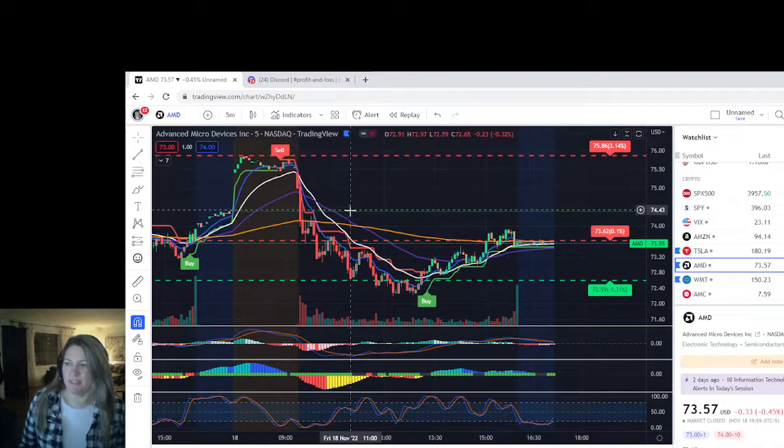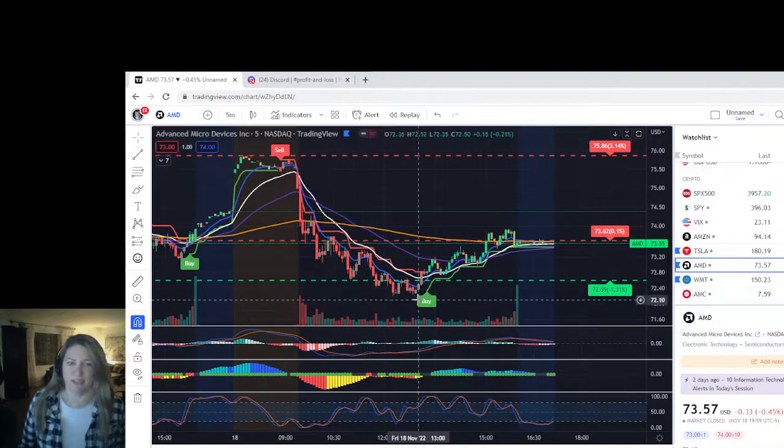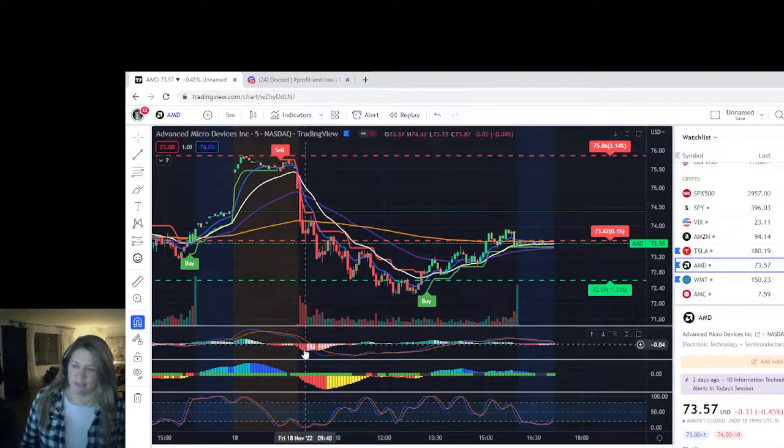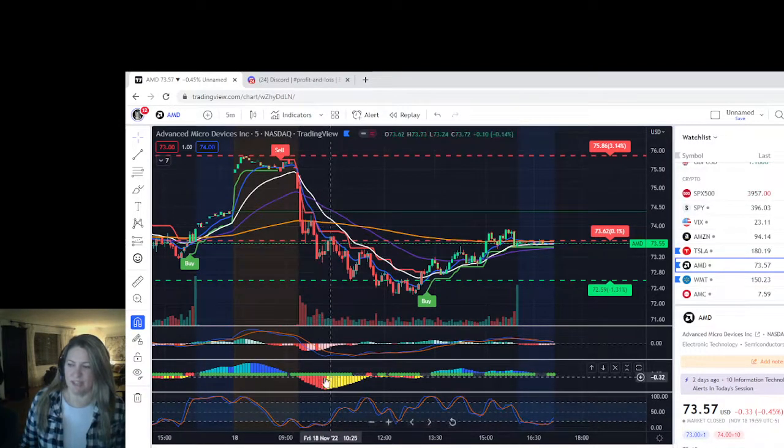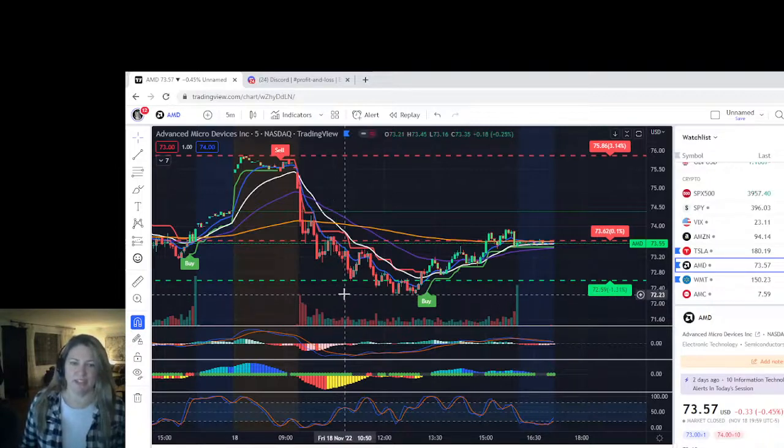And also previous day high, which is marked by a green line, and previous day low, which is marked by a blue line. We use a stochastic RSI right here at the bottom, we use the TTM squeeze indicator, which is this graph right here, and we use the MACD RSI as well, and some volume as well. So I'm going to walk you through this play and why I took it, and hopefully it makes a little bit more sense when I do that.